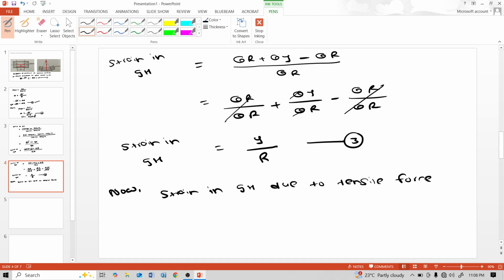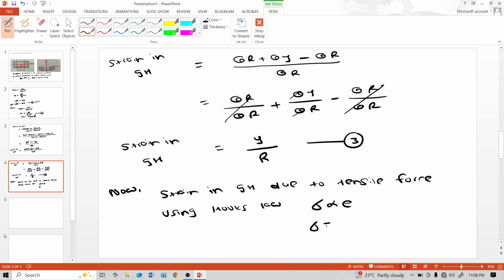For this step, use Hooke's law. Hooke's law says stress is directly proportional to strain. As stress increases, strain also increases.